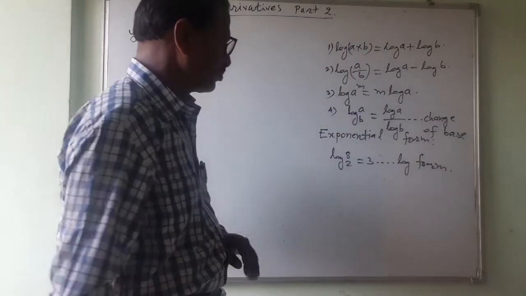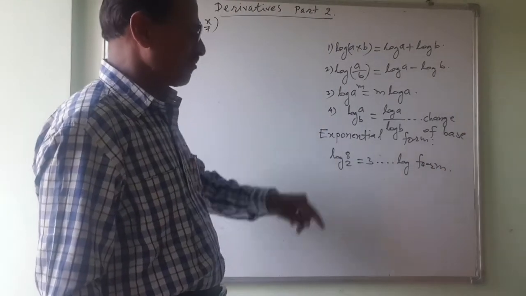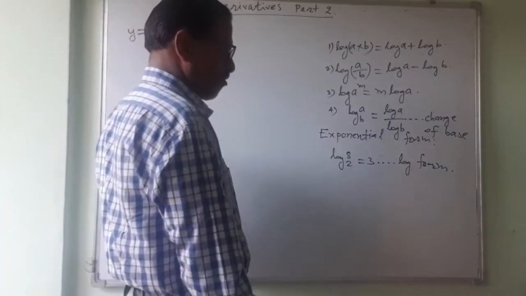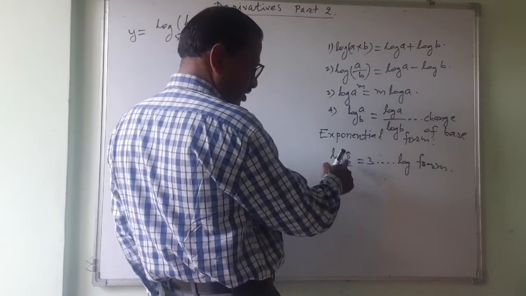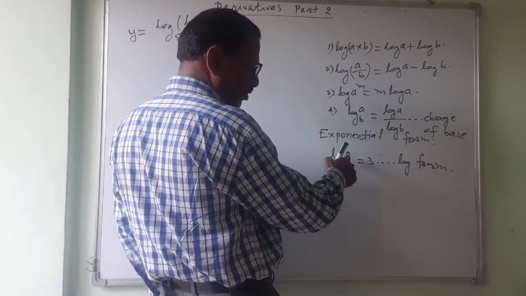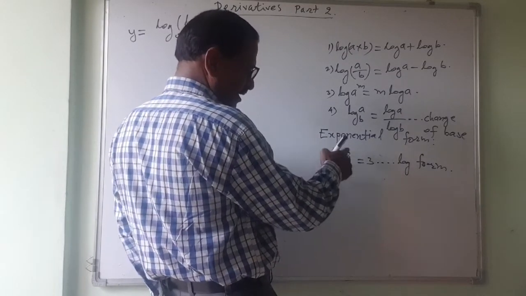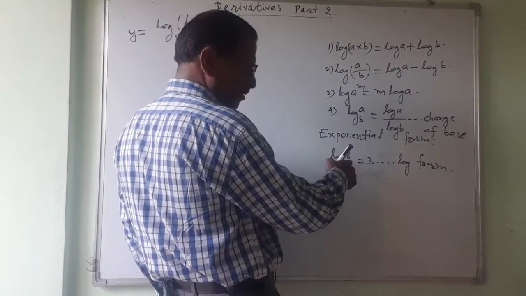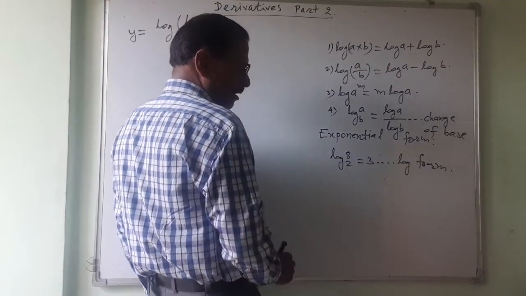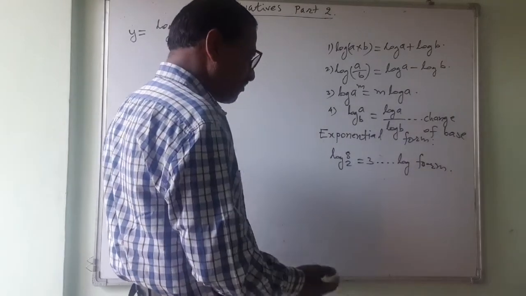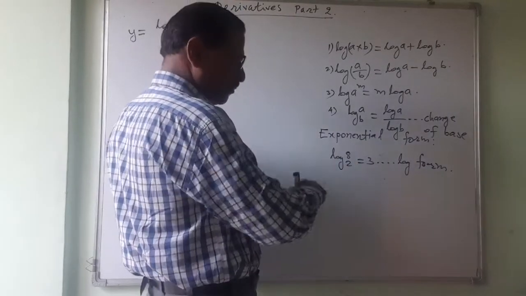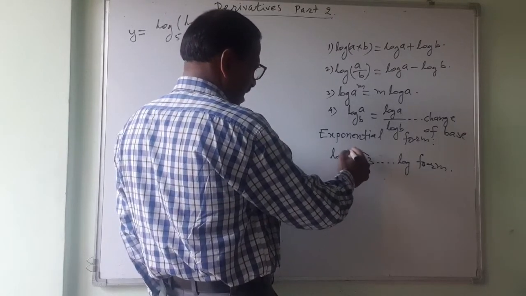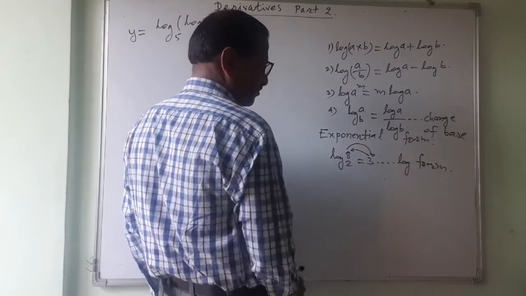Now I have to change it into the exponential form. What is meant by exponential form? Power raised to form. This is not 2 raised to 8. This is log of 8 to the base 2 and the value is 3. If I want to convert it into exponential form, just shift this here and this here.